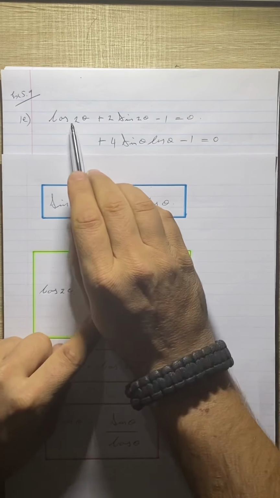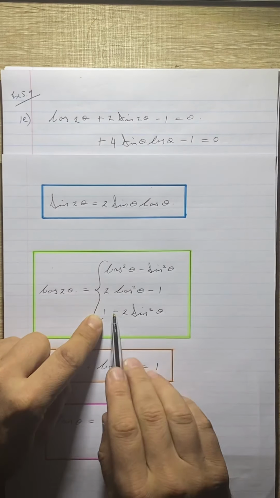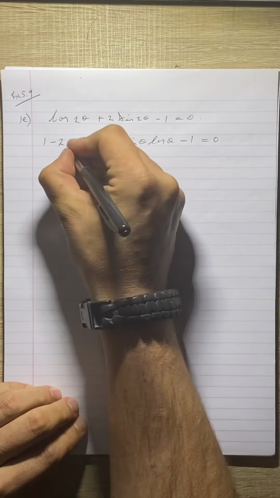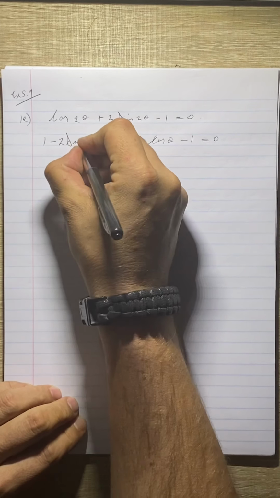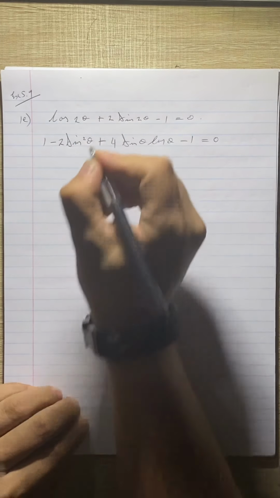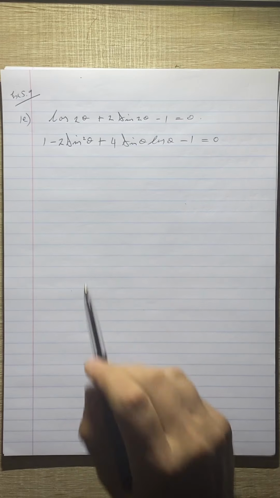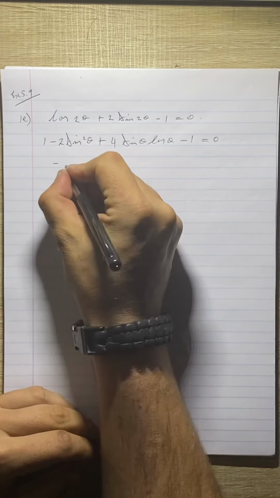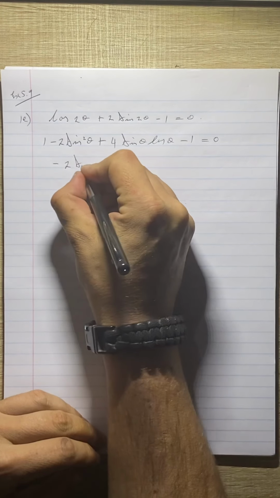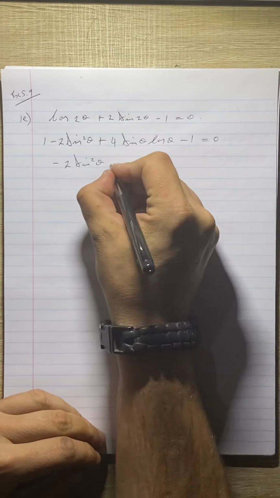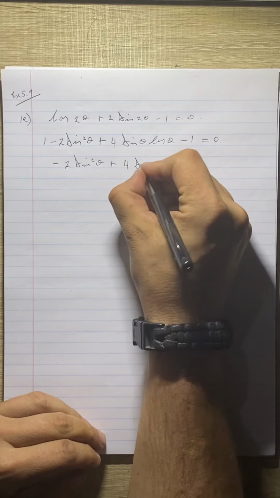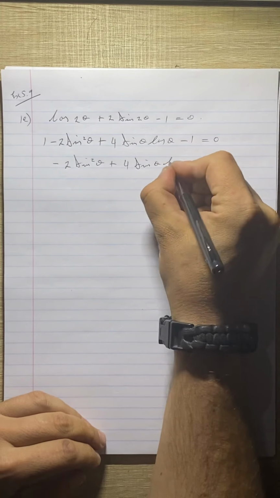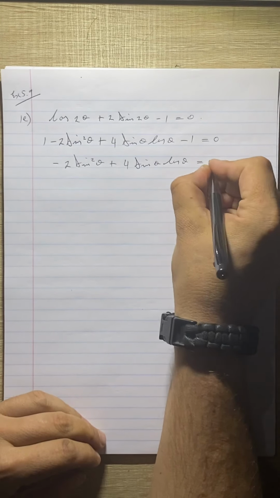So that's what I'm going to do, I'm going to expand this one to be this. So we get 1 minus 2 sin squared theta. All right. So what happens now is this 1 and that 1 will cancel, and we're left with minus 2 sin squared theta plus 4 sin theta cos theta equals 0.